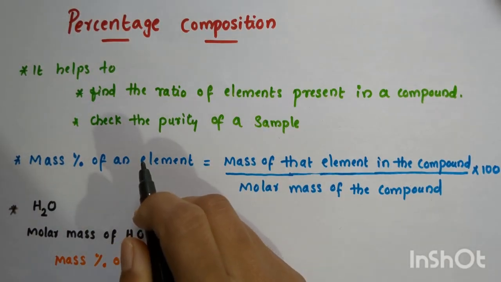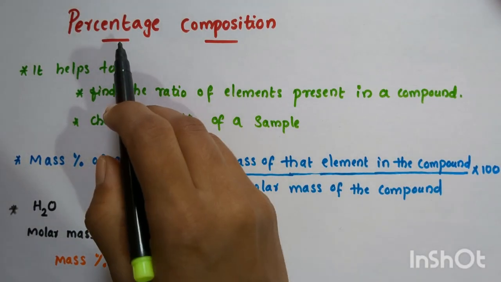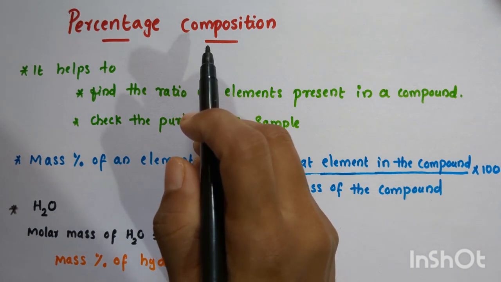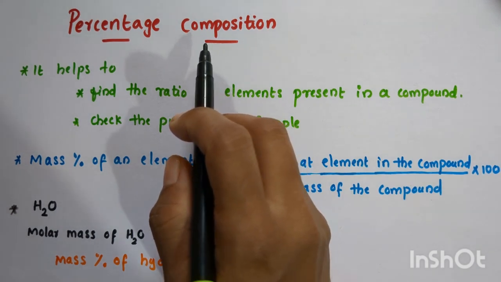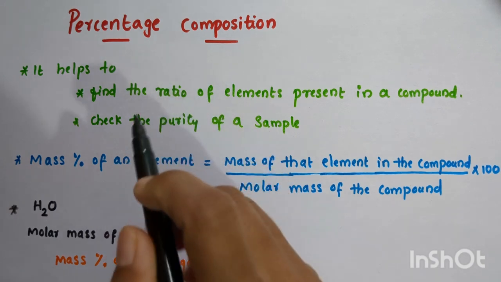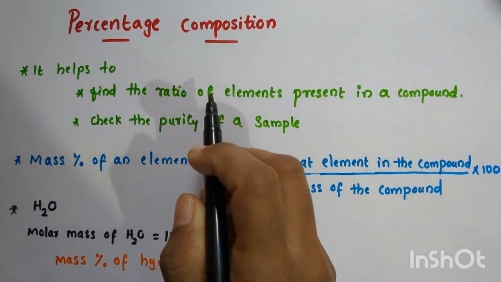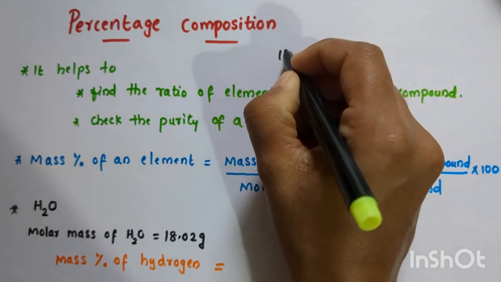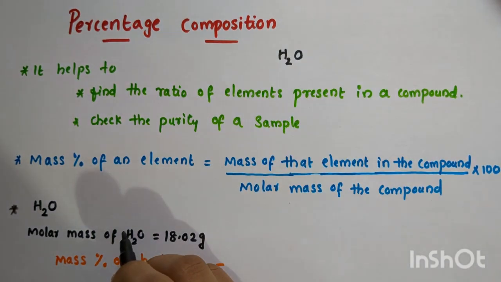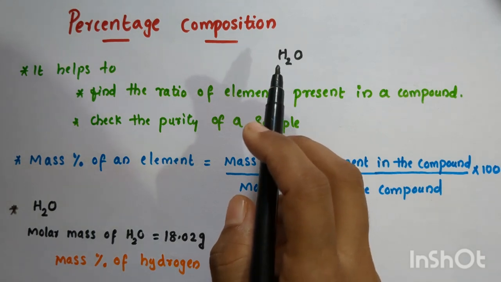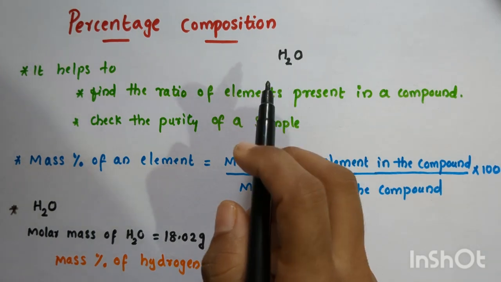Hello everyone. In this video, we are going to discuss percentage composition from chapter 1, Some Basic Concepts of Chemistry, class 11 chemistry. When we consider a compound, there are different elements present in it. For example, water is a compound formed by the elements hydrogen and oxygen.